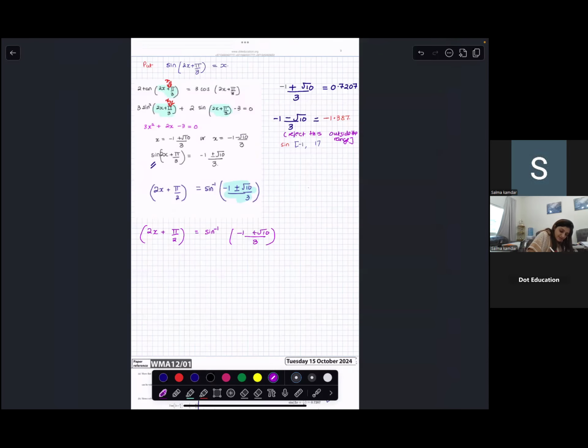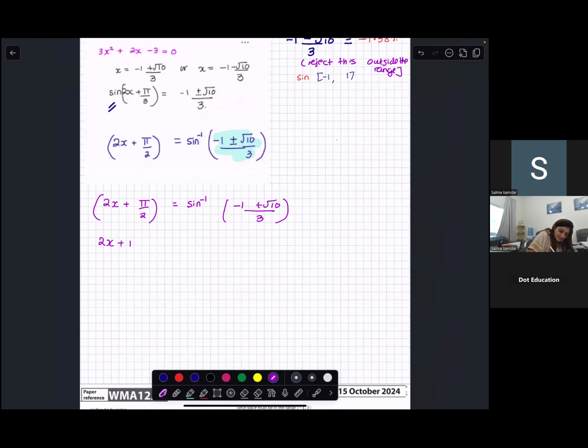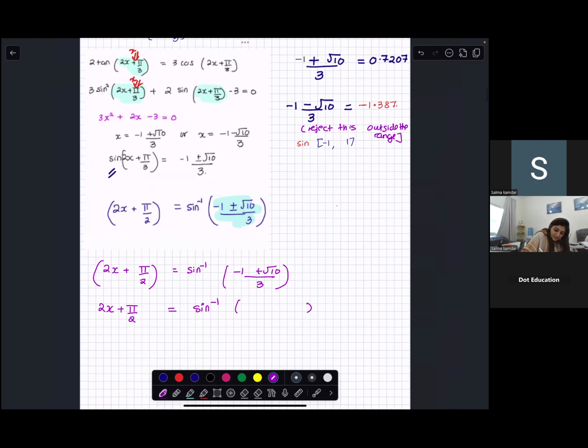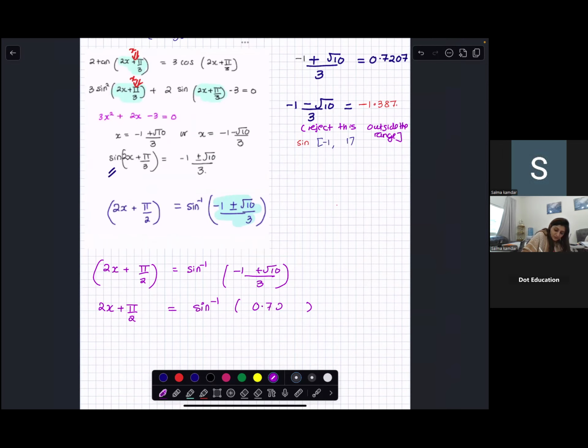Okay. So I'm saying again now 2x plus pi by 3 is sine inverse. Can you give me the value of this bracket? It is 0.7207. Now, first I took the value of this bracket. The value of this bracket is this.